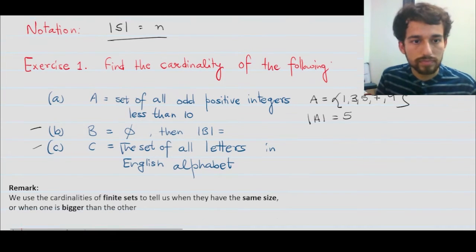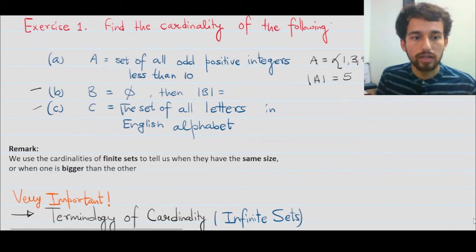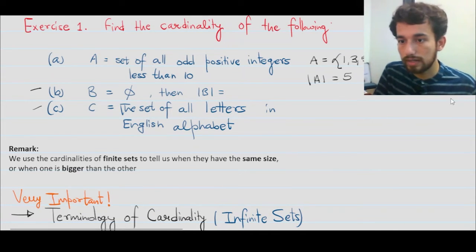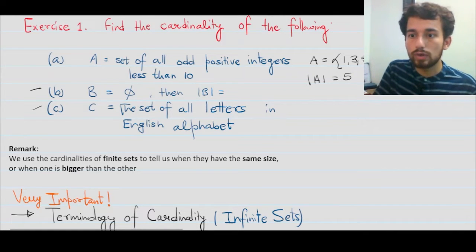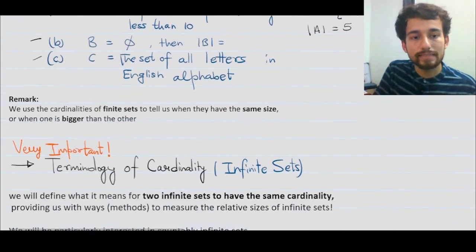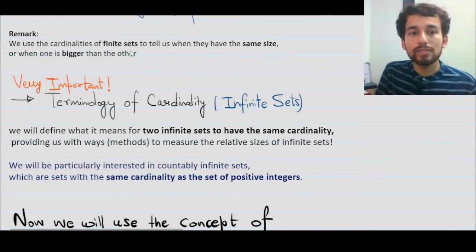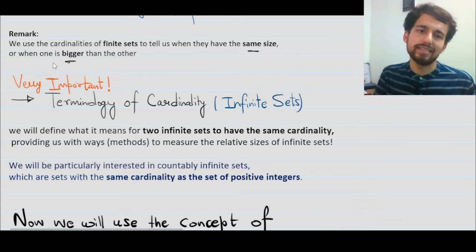Okay, let's move ahead now. This is a very important remark here. Try to understand it very carefully before we move ahead to the notion of cardinality for infinite sets. What the remark says: we use the cardinalities of finite sets to tell us when they have the same size or when one is bigger than the other.